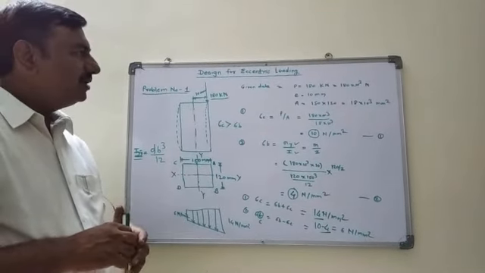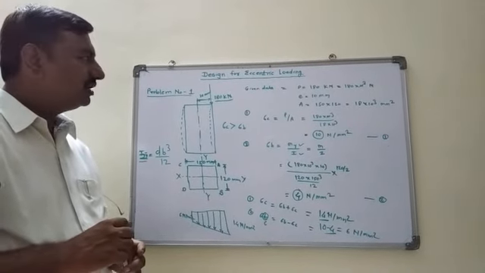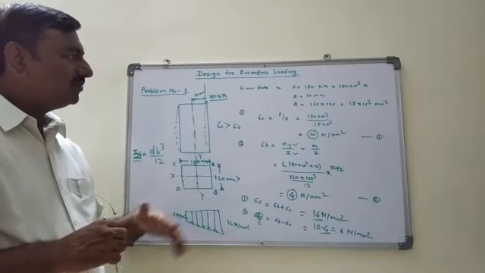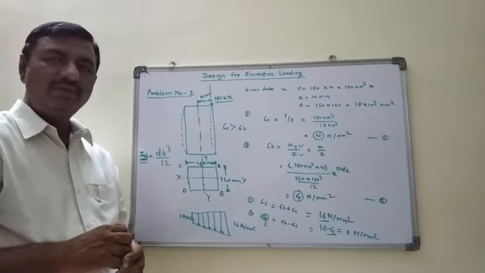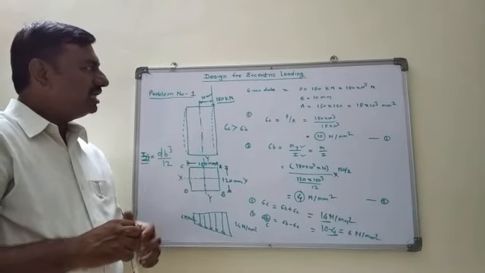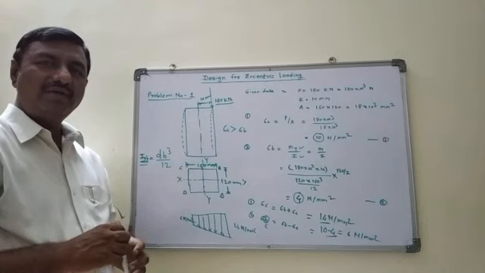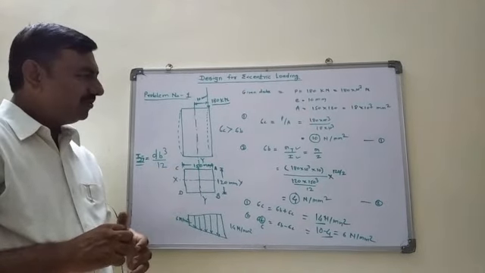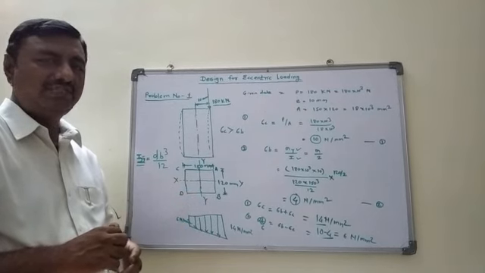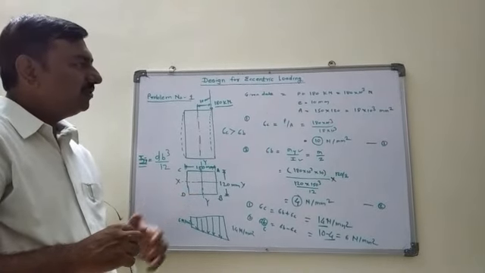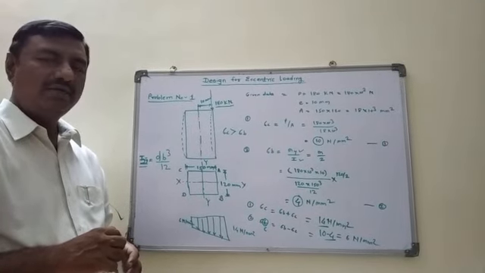Out of those two problems, we'll see one in the next lecture, and I'll give one as homework, so that all types of problems on the design for eccentric loading will be covered. There is a good chance that a problem on this will be asked for 6 marks, because the length of the problem is short. That problem was asked in an in-semester exam for 6 marks.